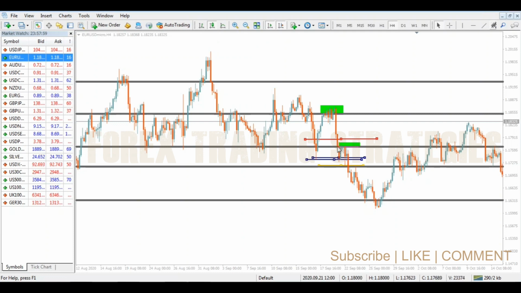This zone, this week, is where my stop loss is for the new trade. And if I had not been taken out of the market, my other 10% is in there as well.